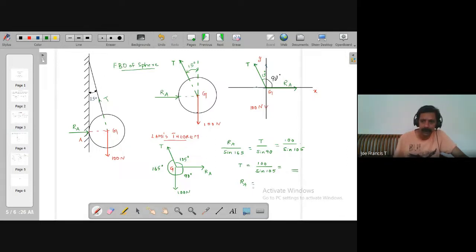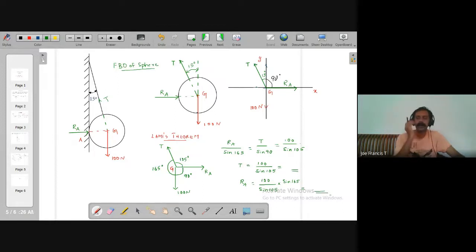RA is given by 100 by sine 105 into sine 165. Okay, so you get the value for RA.